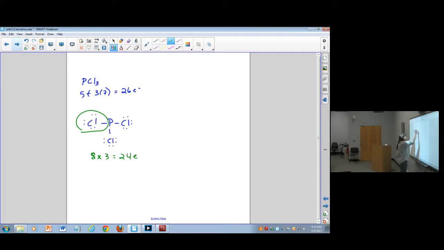I have 26, so I have to put 2 electrons on the central atom, like so, and then I recount. I have 26 electrons now, and the chlorines all fulfill the octet rule. The phosphorus fulfills the octet rule as well. It's got 6 electrons in the bonds, and then this lone pair of electrons, that gives us 8.